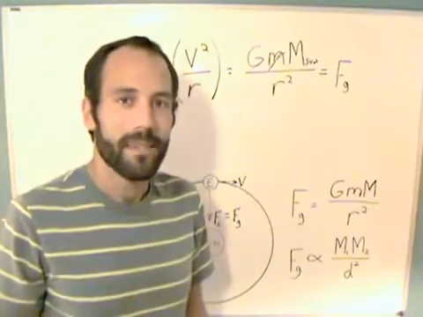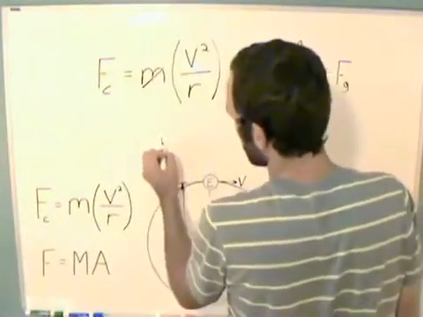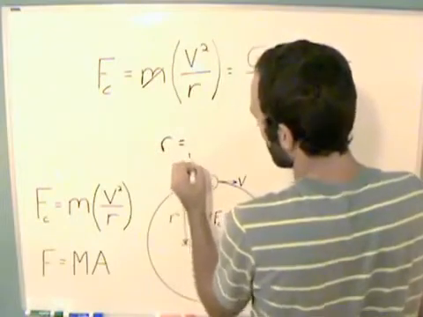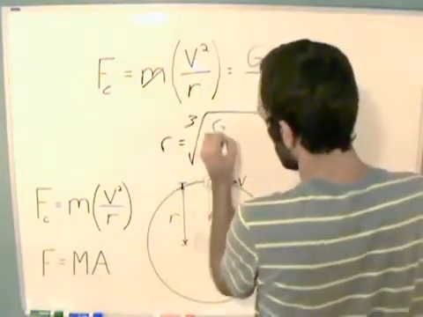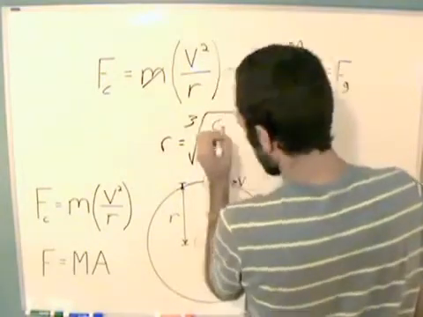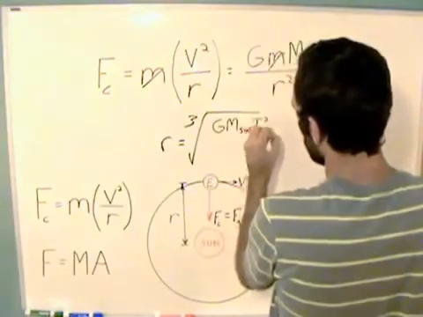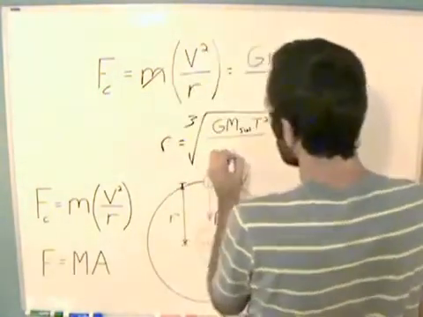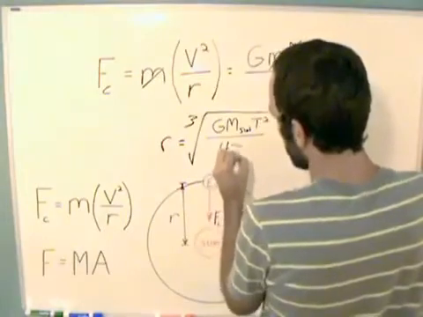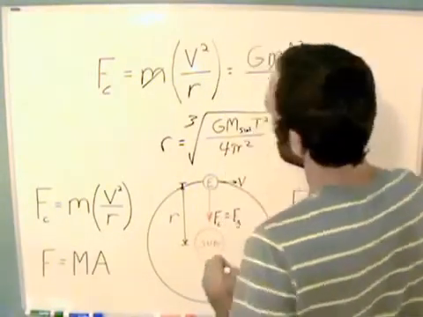This doesn't make sense. But if you go back to that equation that I showed, and you say R equals the cube root of G, which you can solve from this, times the mass of the Sun, times the period of the object orbiting the Sun, how long it takes to go around one time, divided by 4 pi squared.